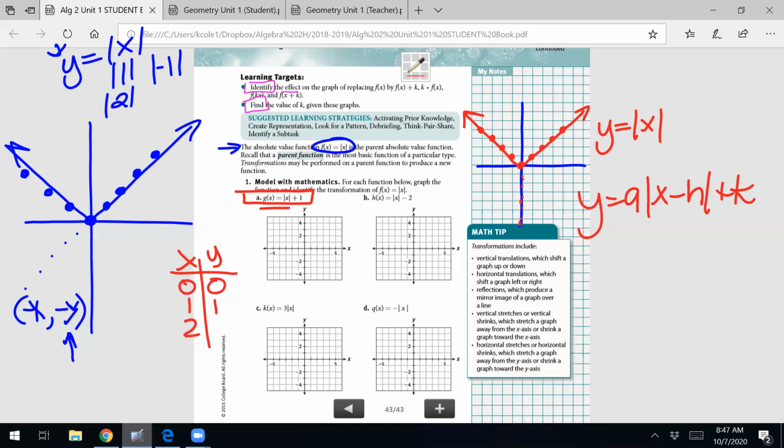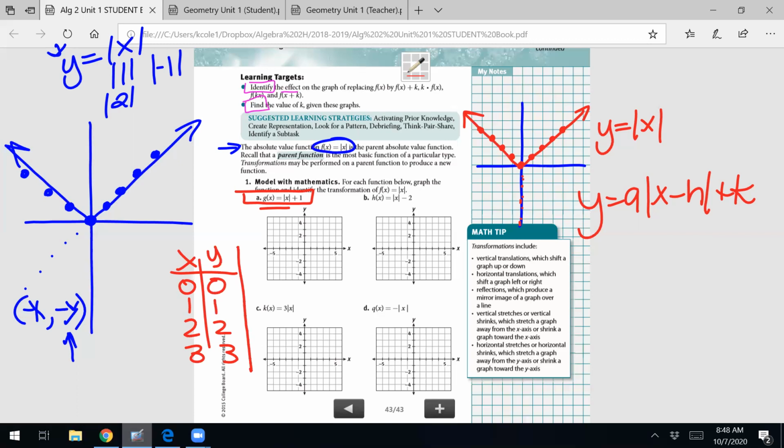Okay, so that would be the original parent function. Well, what they're doing is they're saying, okay, whatever you get here, your absolute value, you're going to add 1 to that. So if we plug in 0, we get 0. What's 0 plus 1? It's going to be 1.